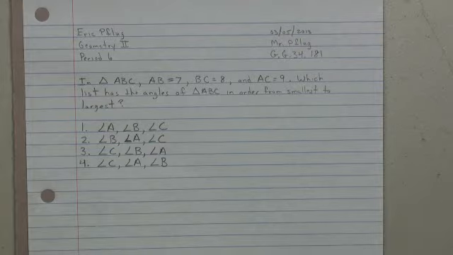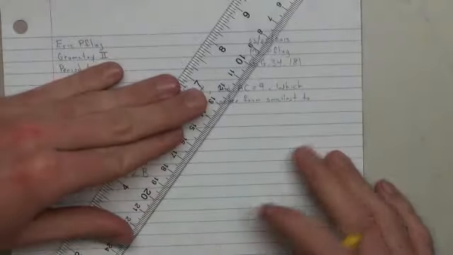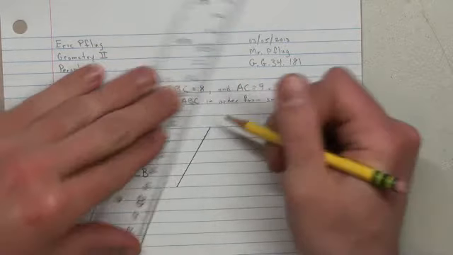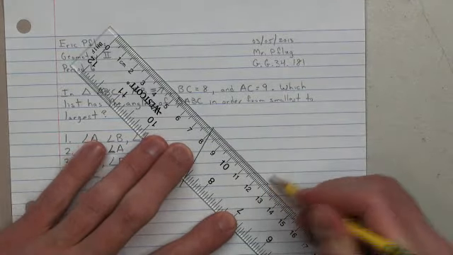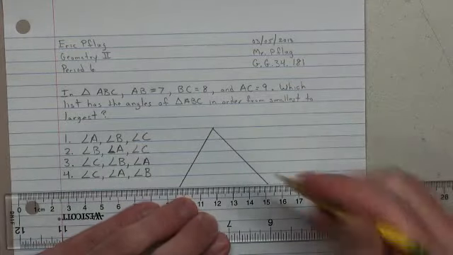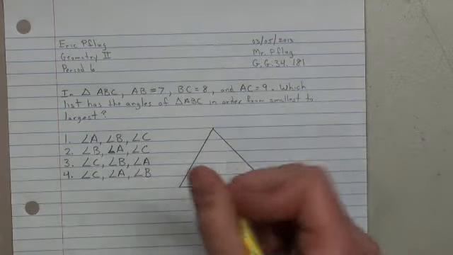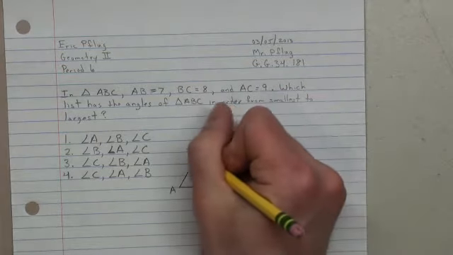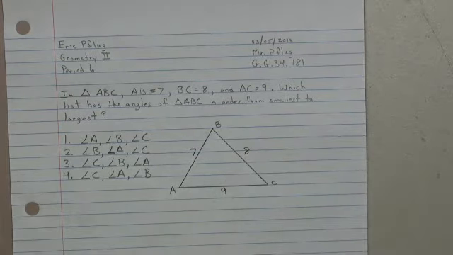So, let's see. Let's draw the triangle. A, B, C. AB is 7, BC is 8, AC is 9.